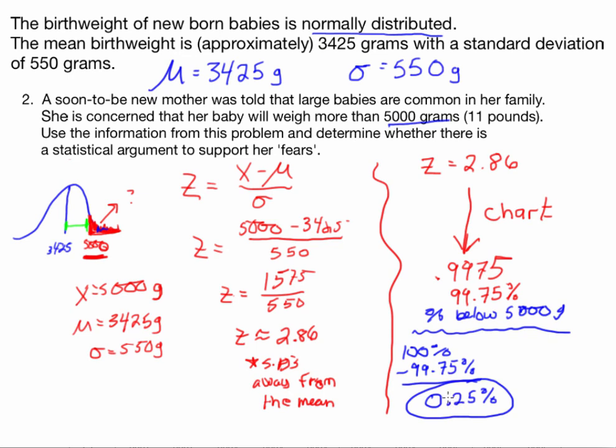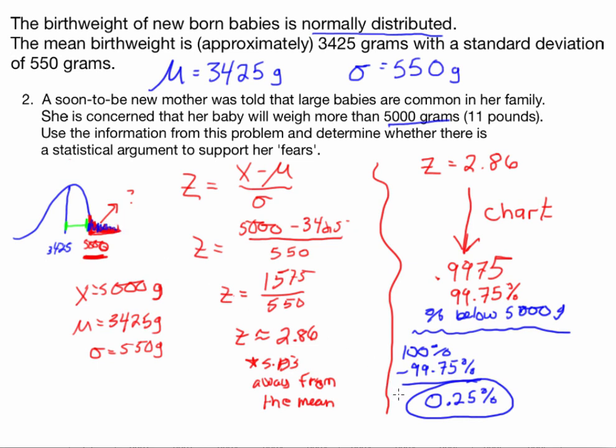It is highly unlikely that the child will weigh that amount. Now we want to be careful here because this isn't saying it's not going to happen. It's just very unlikely in terms of what we know about all babies' weights. This particular observation, 5,000 or above, a very small percent of all babies weighs more than that amount.